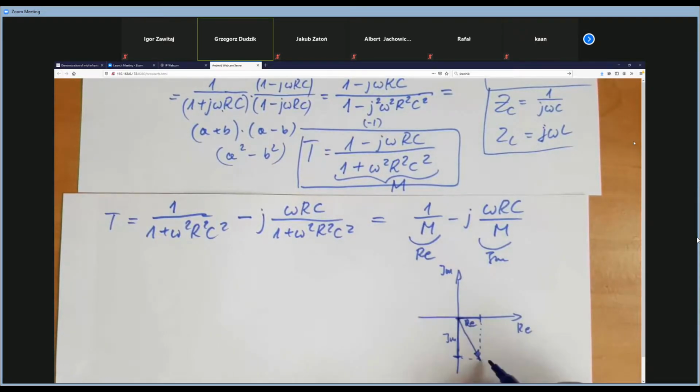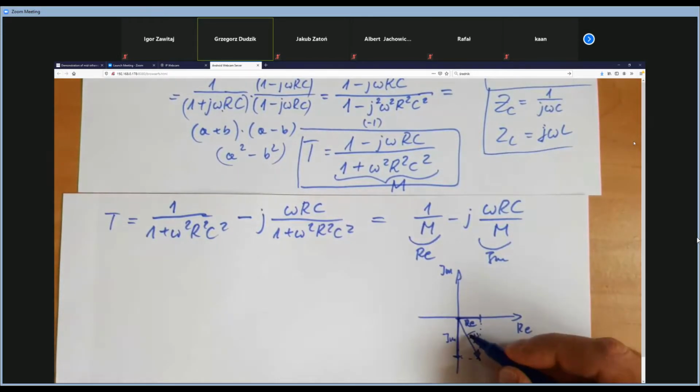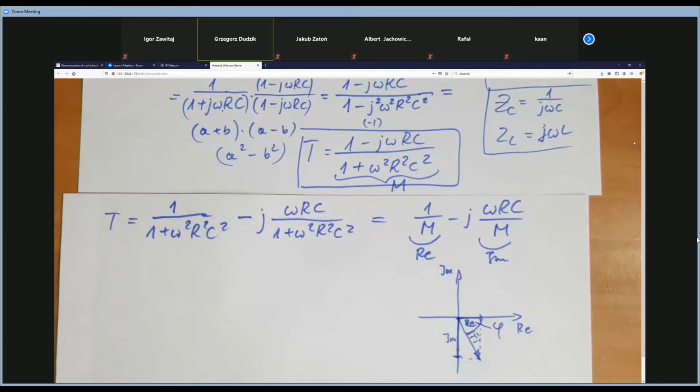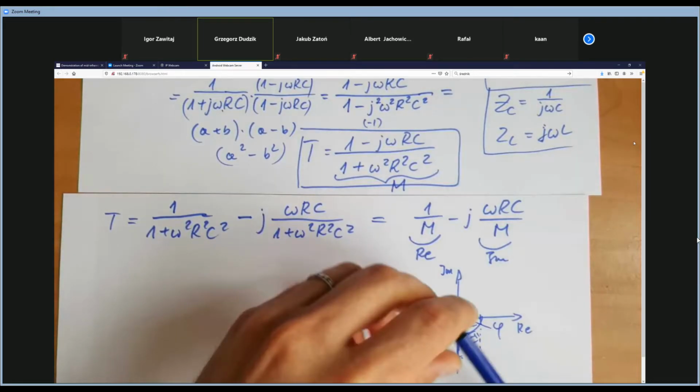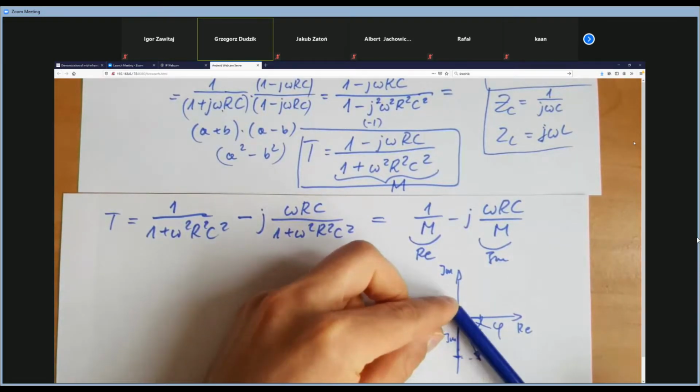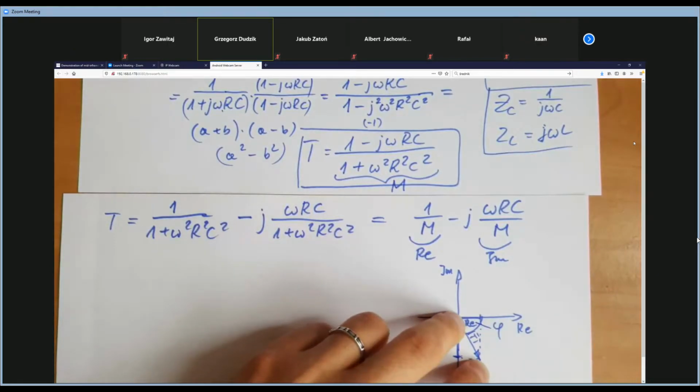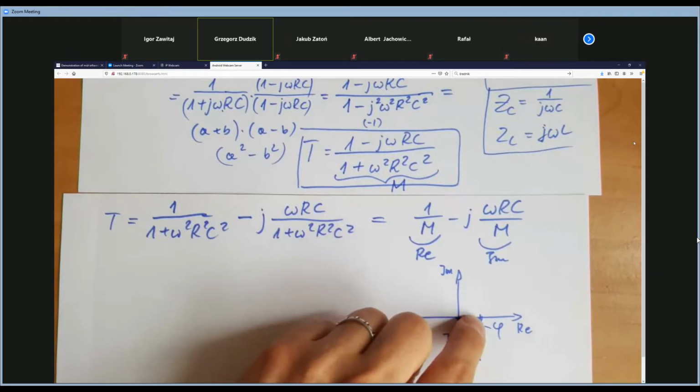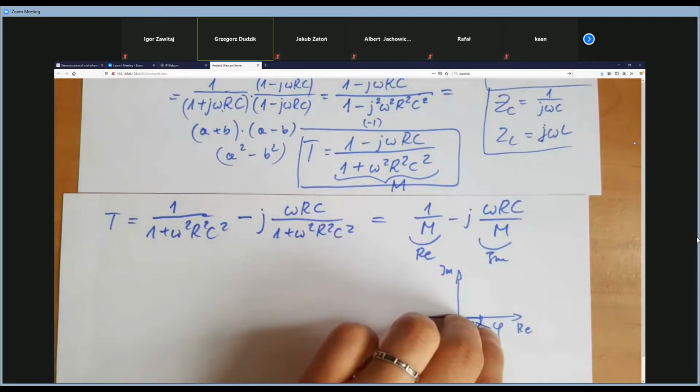The length of this vector is the module of transmittance, and the module of transmittance is our amplitude characteristic. The phase, this is the phi, it is the phase characteristic, in fact. And if I change the omega, in fact we are changing the frequency, this vector will change. Its magnitude will change, and the phi will change, so it will be changing in a different way here.